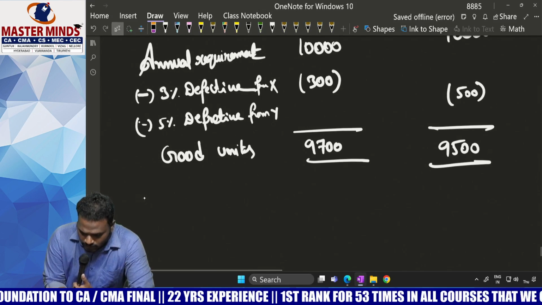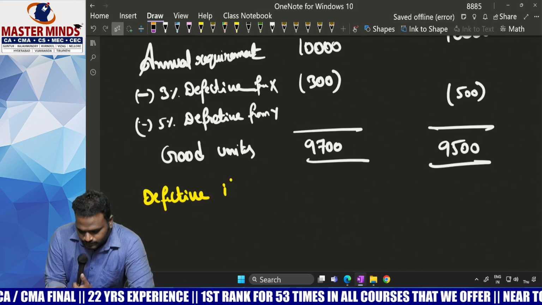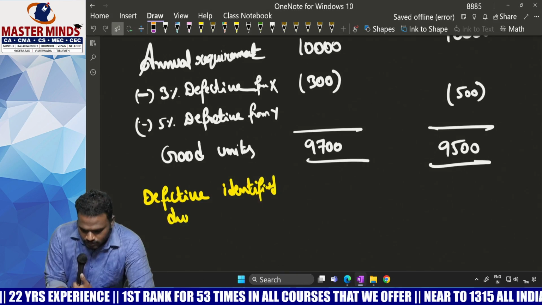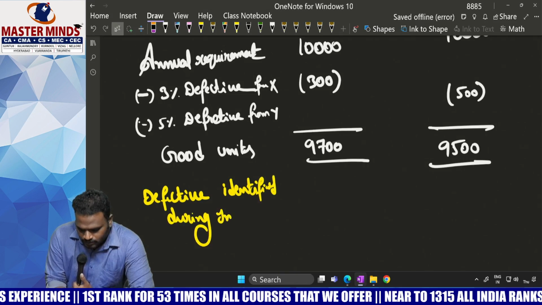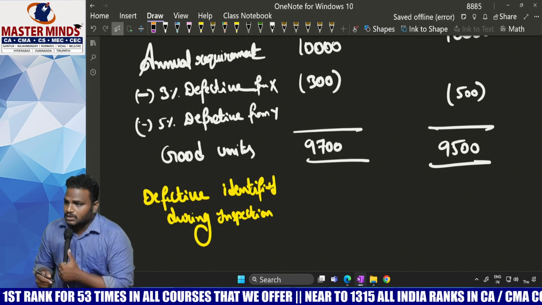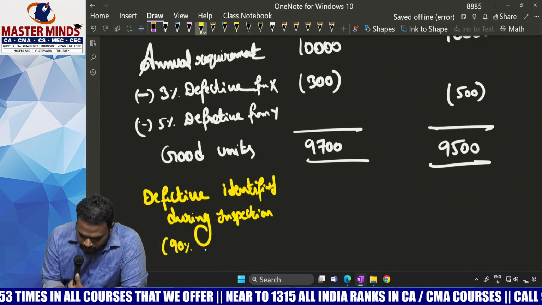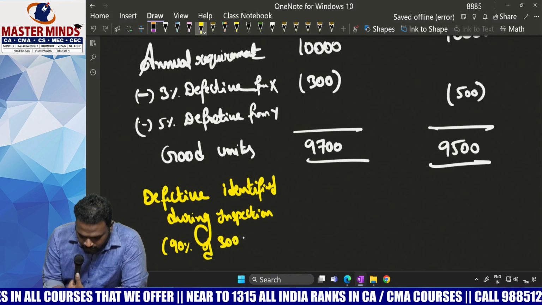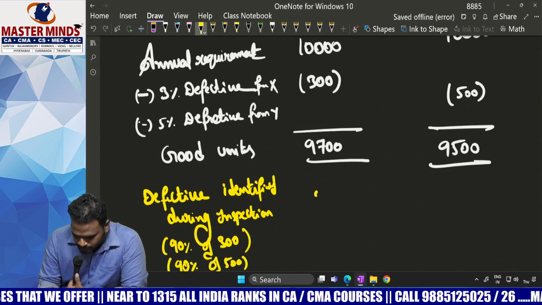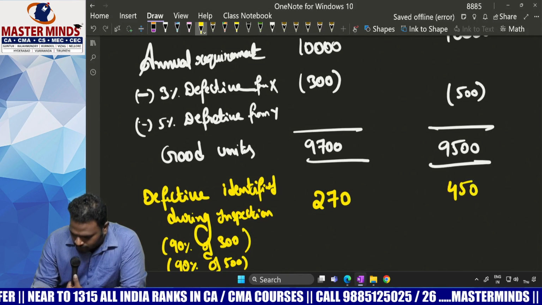Defective identified during inspection is 90% of 300, which is 270, and 90% of 500. How much? 450.